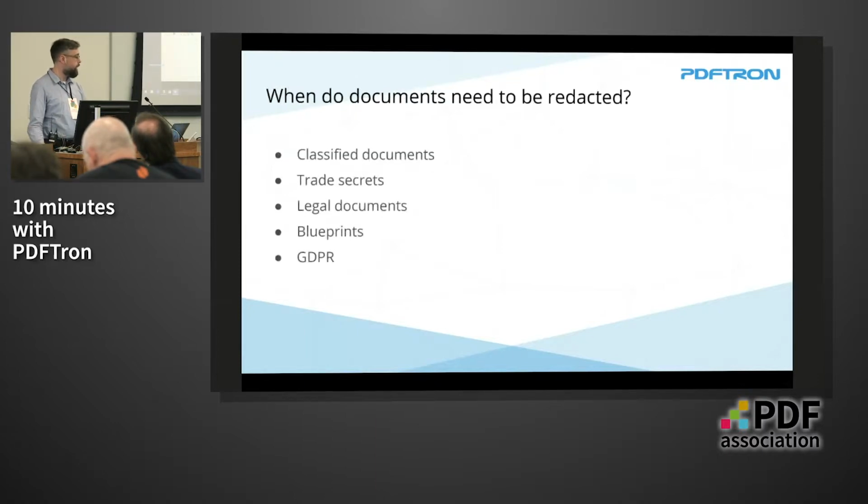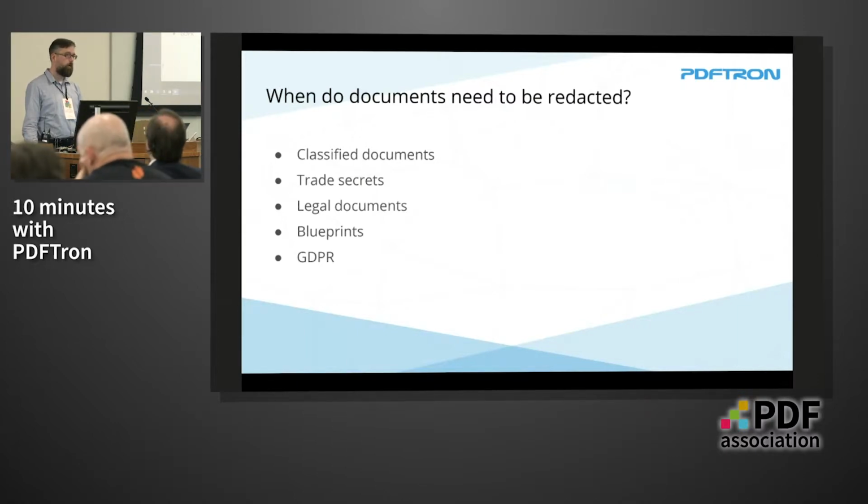So again, with redaction, when do we actually need to redact information from documents? There are the more familiar cases with classified information, such as governmental documents that might contain military secrets, or inside the industry, there might be trade secrets that we want to remove before publicizing documents. Similarly, there might be legal reasons to remove information for privacy reasons during a lawsuit, so we're going to redact information from those documents.